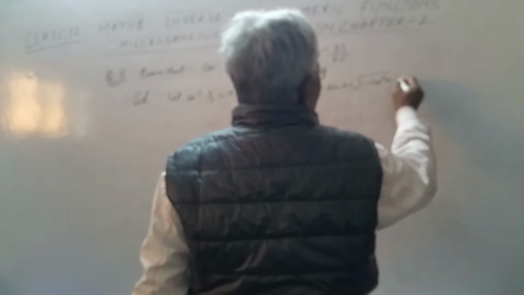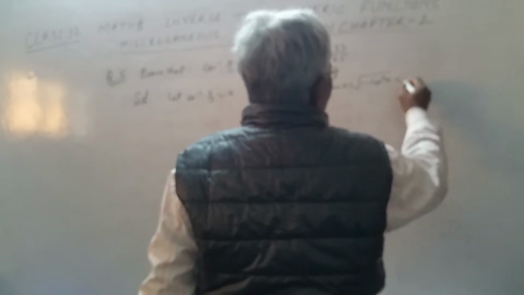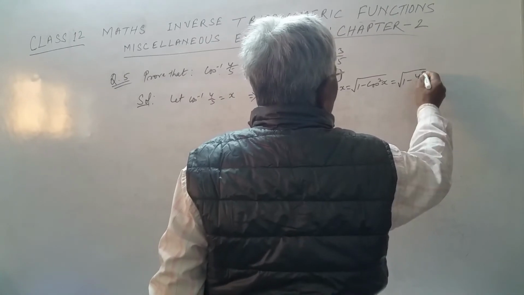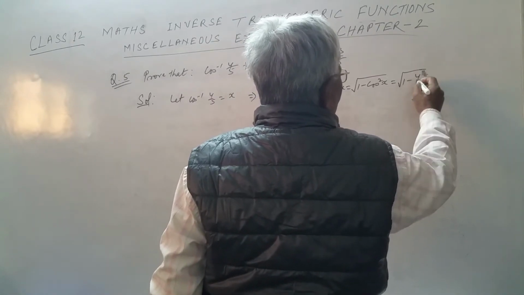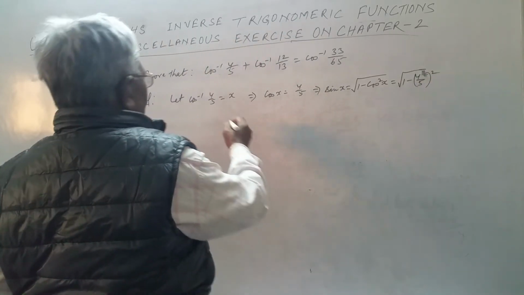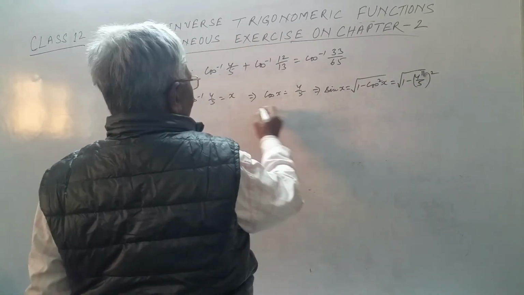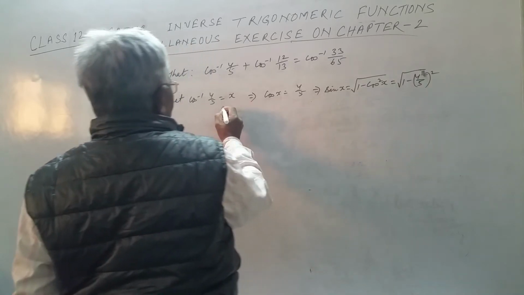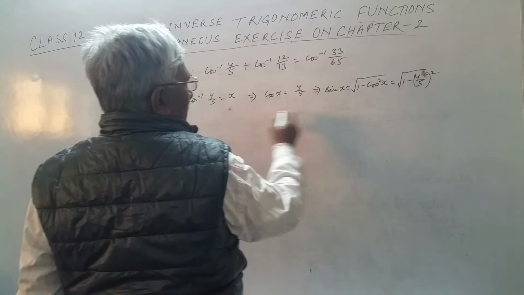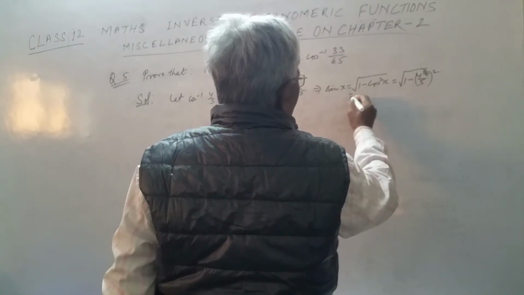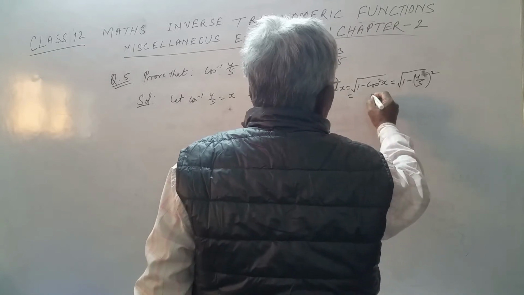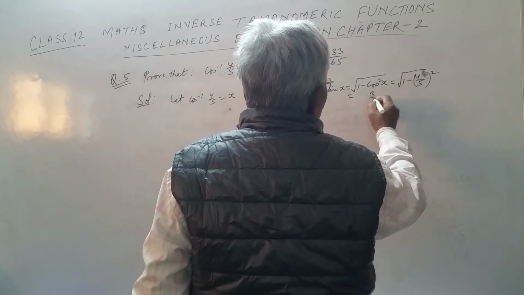It will give 1 minus 4 upon 5 whole square. It is better to take common. Now it gives the result 3 upon 5.